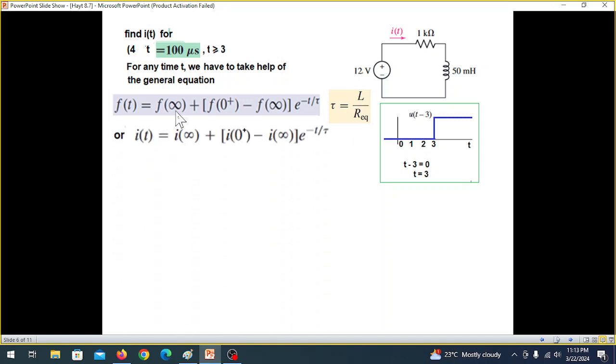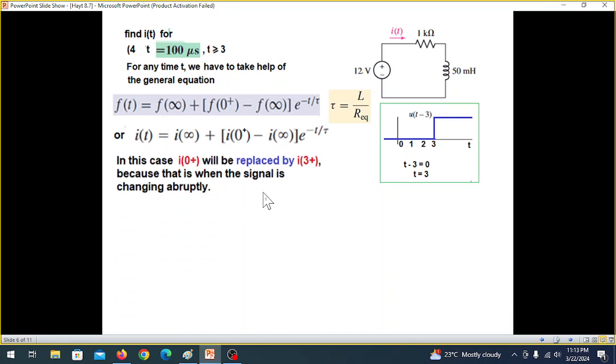In case of a current, we'll just write it as current. So this is our equation. And now we can plug in the values. Now this is i(0 plus), but because it is changing at 3, i(0 plus) will be replaced by i(3 plus). And so our equation will now be like this.